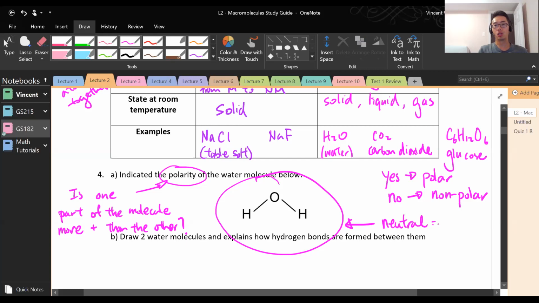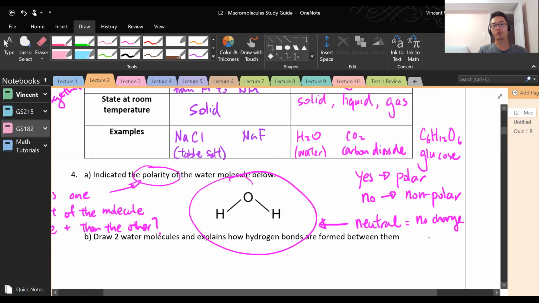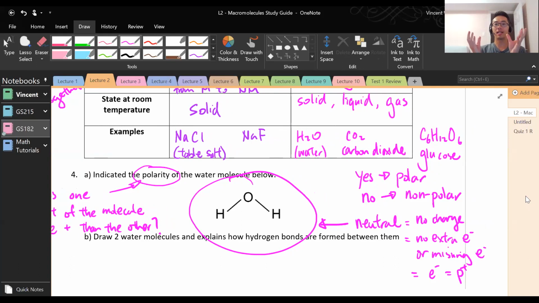Neutral means no charge, and no charge means no extra electron or missing electron, which means electrons equal protons. So overall it is neutral. It doesn't carry a charge.